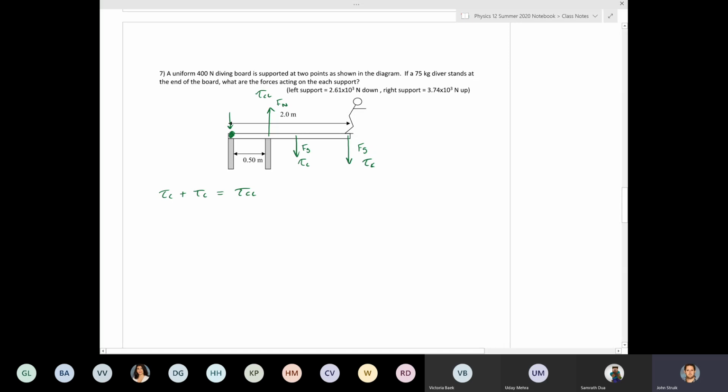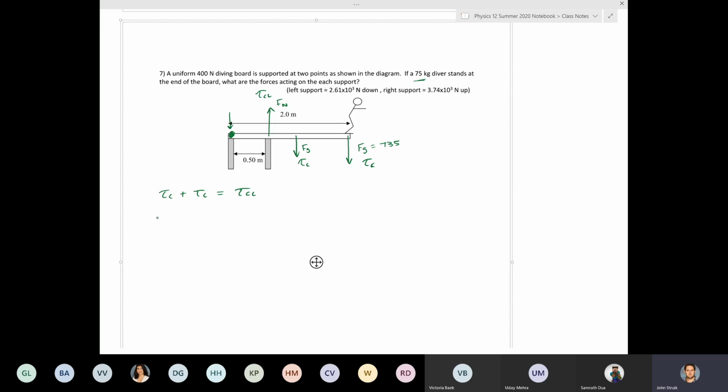So we have the FG of the diver, 75 kilograms. So this is going to be 735, 75 times 9.8. I think that's 735. Let me double check that. Yeah, 735. And the torque that it causes is going to be the force times the distance.